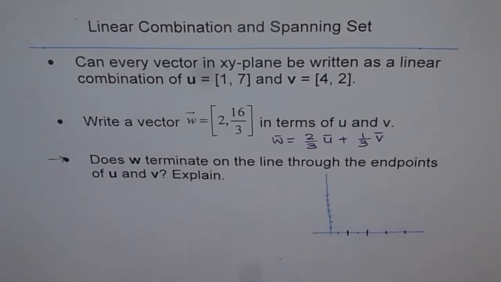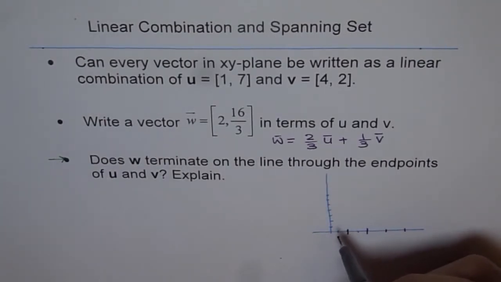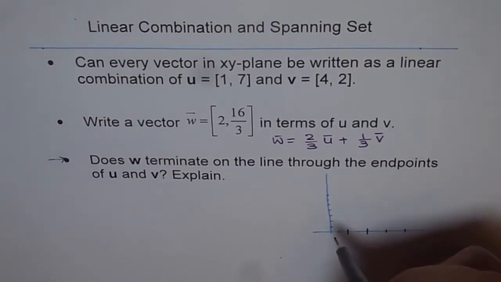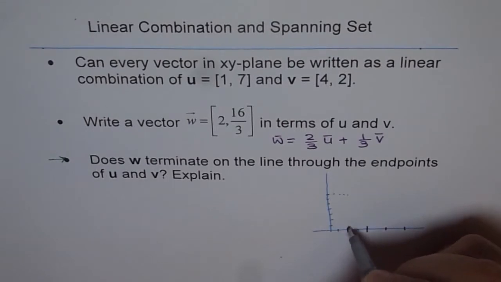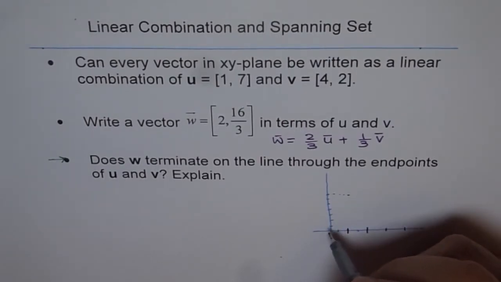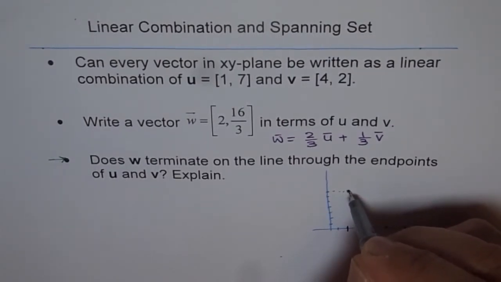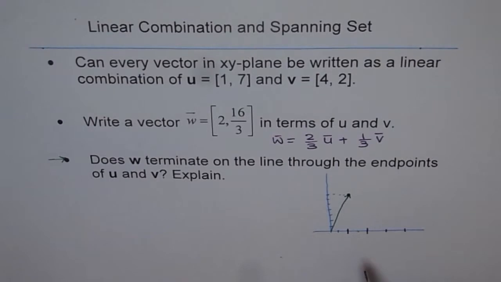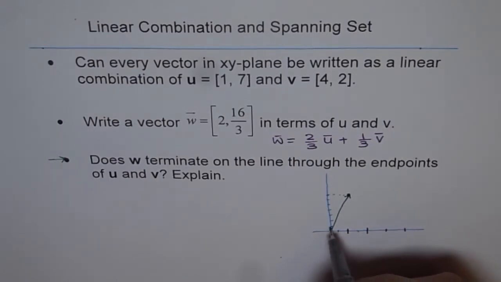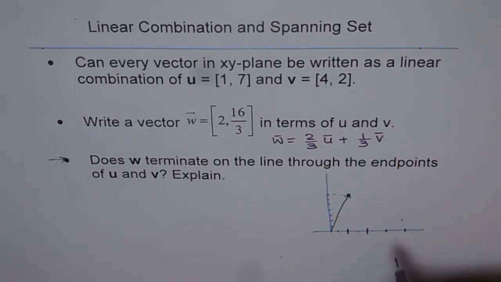Let's plot the vector u, which is (1, 7). So when we say (1, 7), 7 is this point for us. So this is my (1, 7). That is my vector u. Let me plot this point, and vector u is like this. And vector v is (4, 2). So 1, 2, 3, 4, and I've taken these much smaller, so it's kind of here.